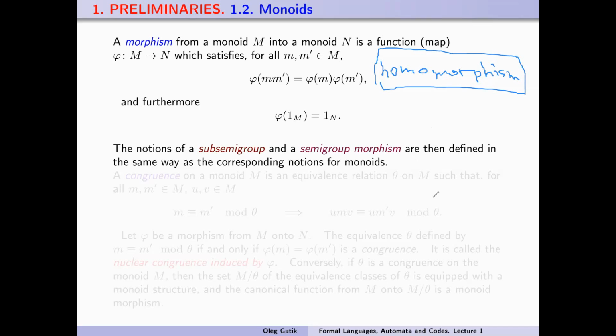And also we use this term. The homomorphism is a morphism, yeah, the same for monoids or for semigroups.